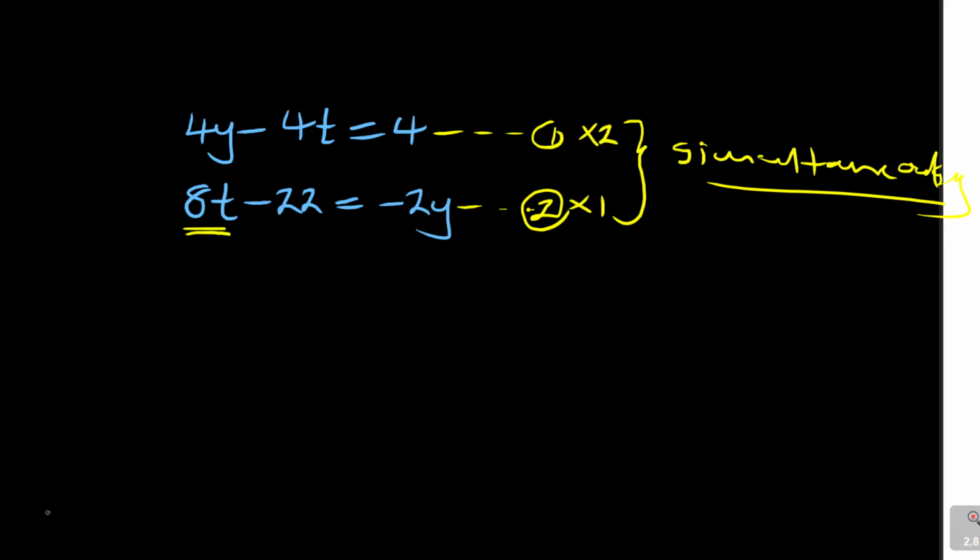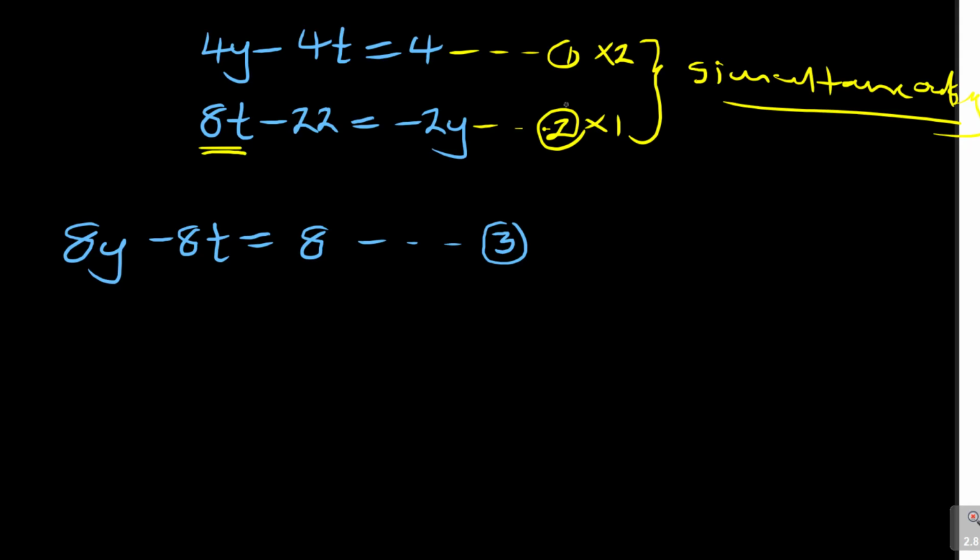When I multiply equation 1 by 2, what will I have? 2 times 4 is 8y, minus 8t is equal to 2 times 4, which is 8. Let's call it equation 3 now. The other one was multiplied by 1, so it doesn't change: 8t minus 22 is equal to minus 2y. This is still equation 2.